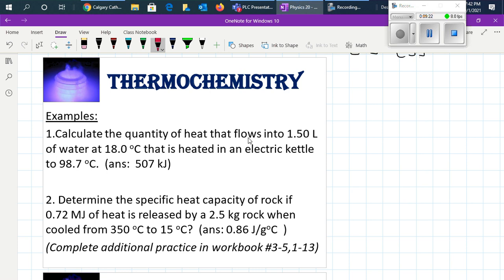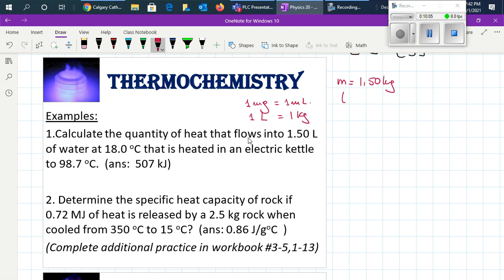What is given here is actually the volume of water, but since water has a 1-to-1 ratio of volume and mass, 1 milliliter of water is equal to 1 gram, which means that 1 liter of water is equal to 1 kilogram of water. So these are 1 to 1, 1.50 kilograms of water.